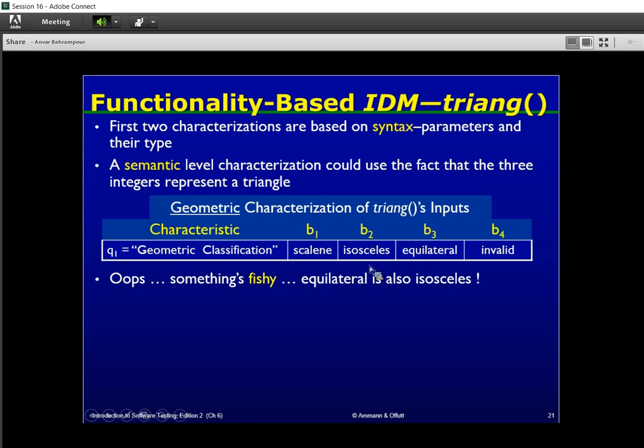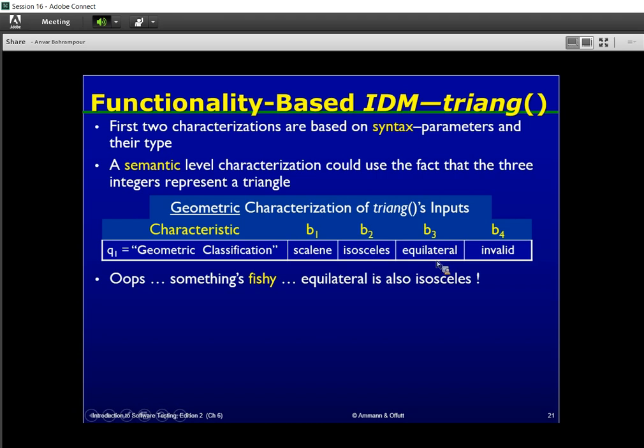In an isosceles triangle we need just at least two sides to have the same values. So when all three sides have the same value, we say that two of them have the same value.